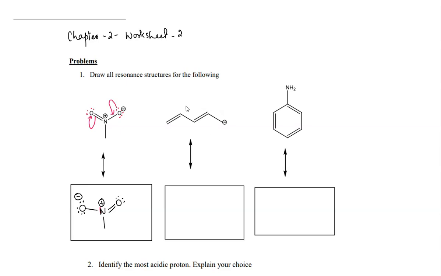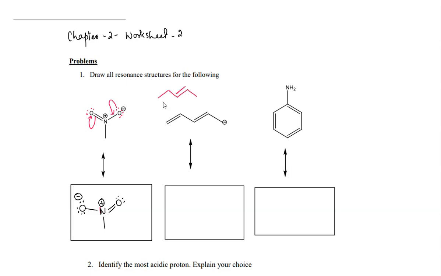The negative charge is placed on this carbon atom here. So maybe if you draw this out with the hydrogens, or some of the hydrogens, not all of them, shown, it might help you to understand it.